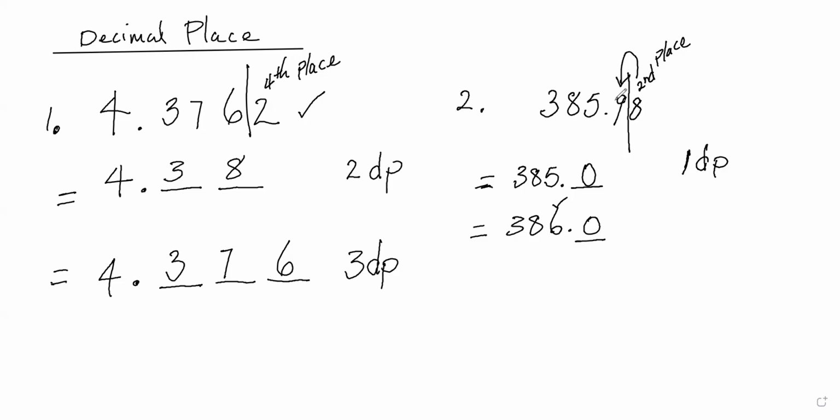Because it's like rounding off 385 and 98 cents. If you are rounding that off, 98 cents, it's like 386. Most people gave me the first one as the answer, but that's not correct.